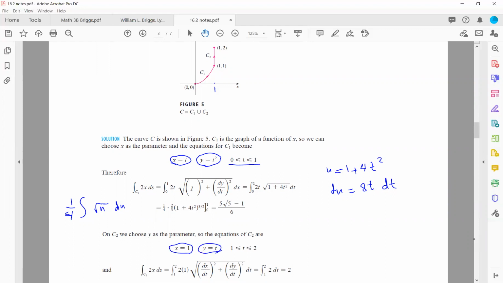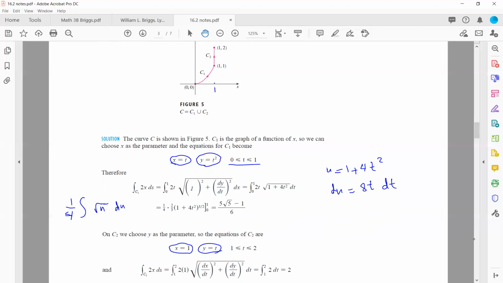So let y be t. The integral of the function along C sub 2 is nothing but the integral, your t ranges between 1 and 2. You have 2 as the constant, and x is equal to 1.